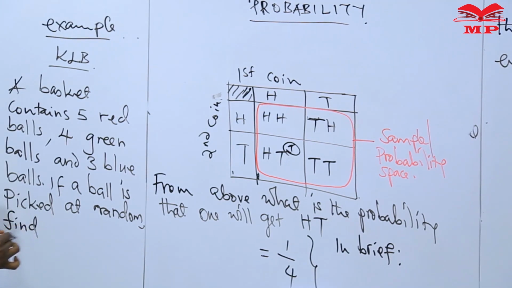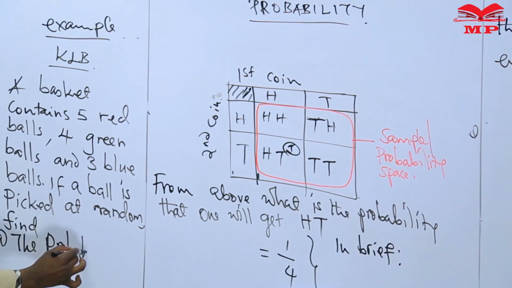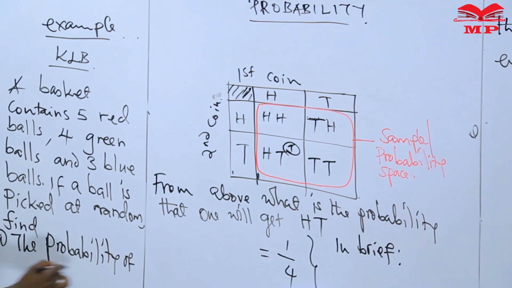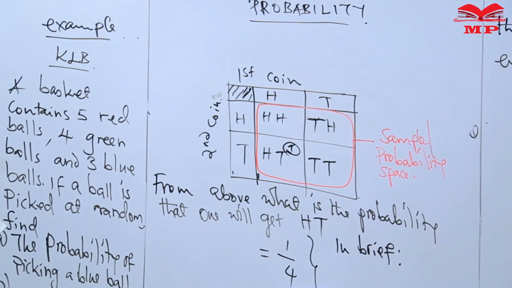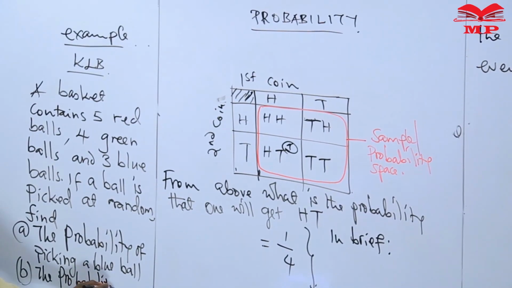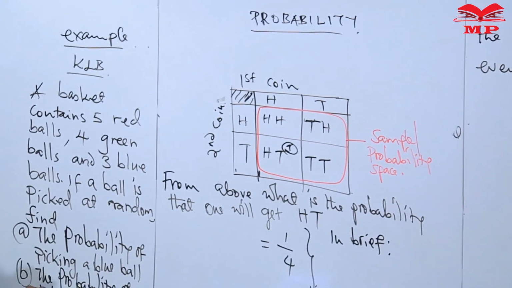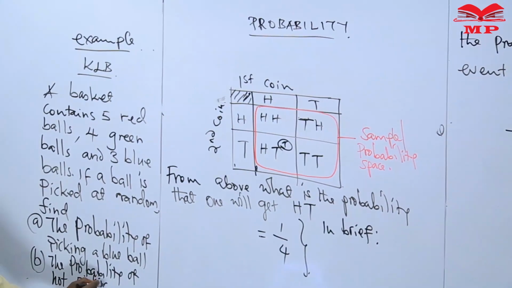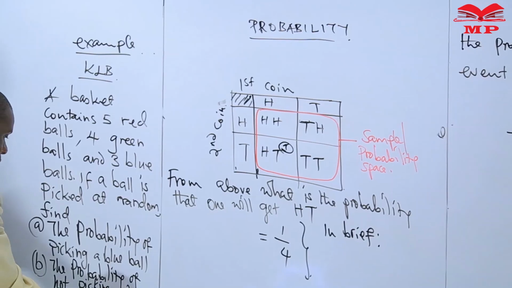find A, the probability of picking a blue ball, and B, find the probability of not picking a red ball.